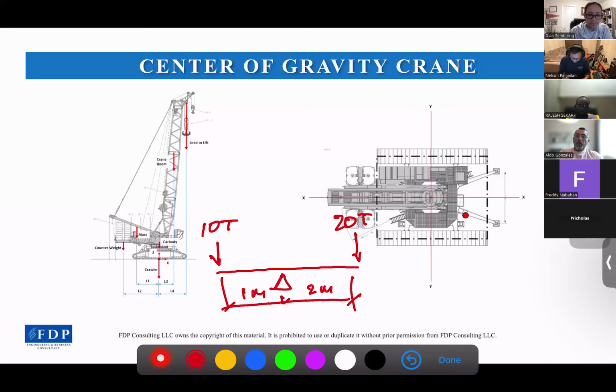We can find that by using the total moment, if you know.